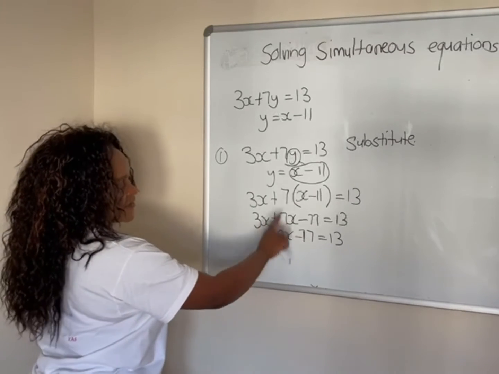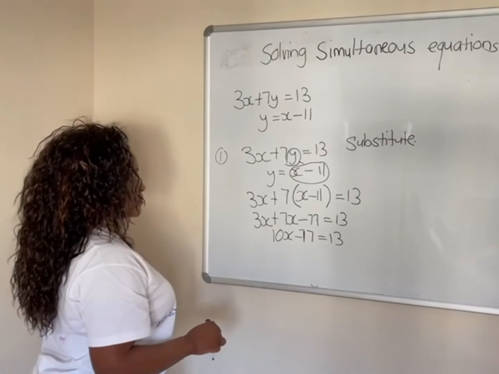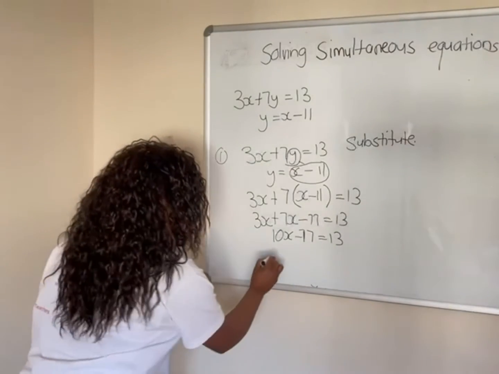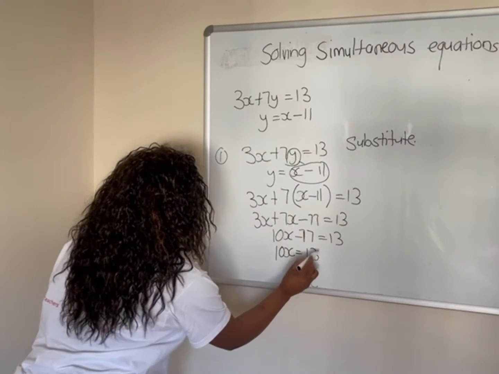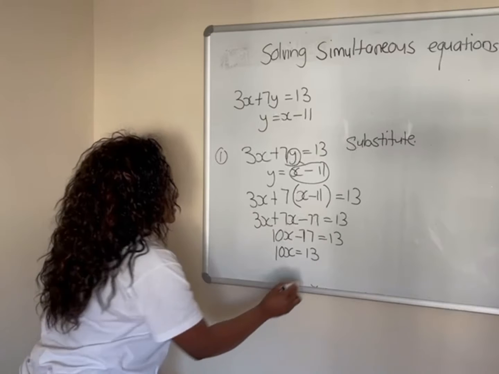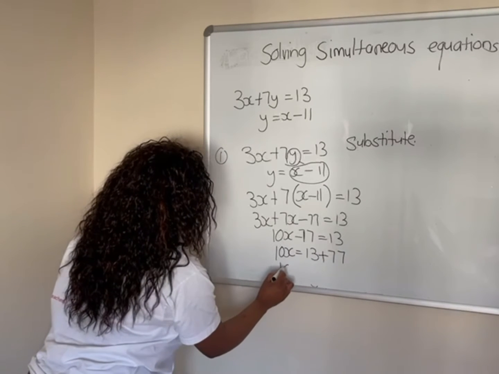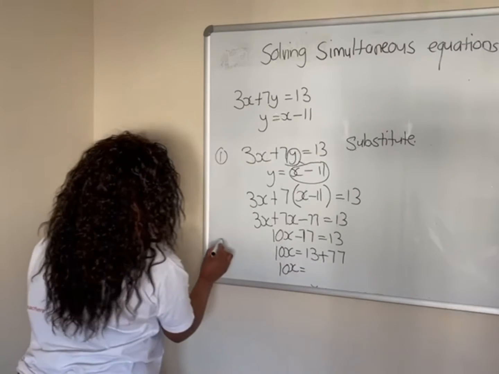So 77 has to go to the other side, and we need to change the sign. It's a negative 77, so it will be a positive 77. So that will be 10x equals 13 plus 77.